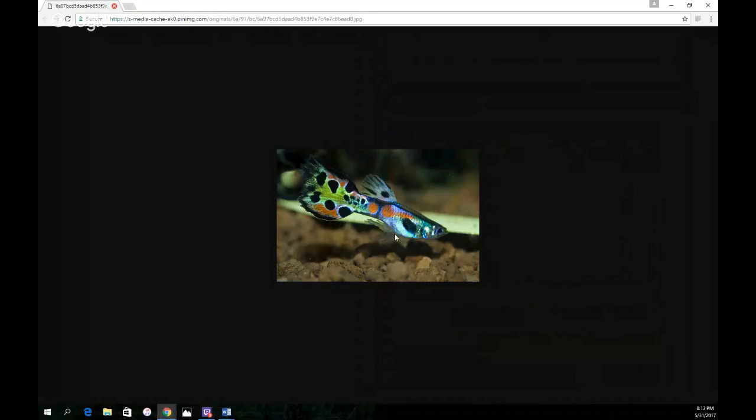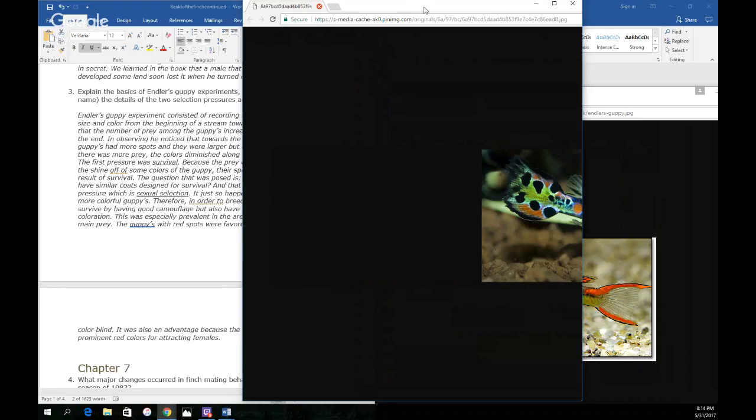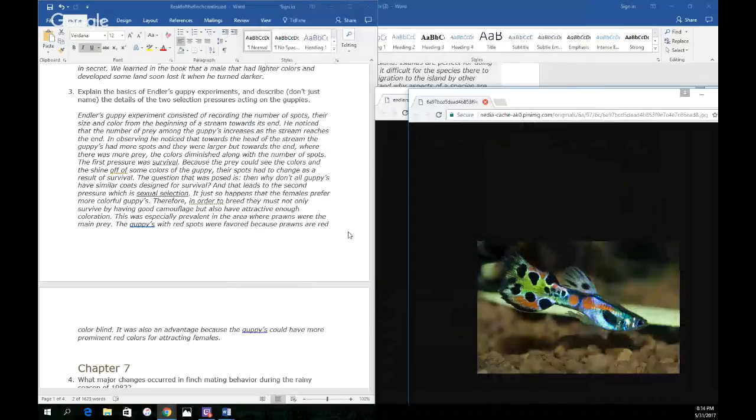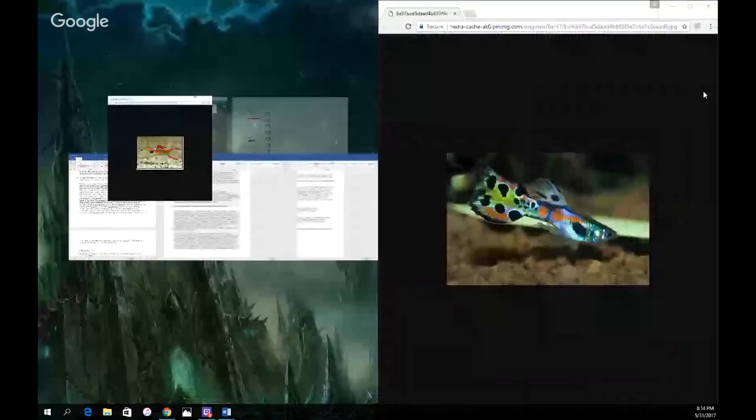There is a homogenizing effect of natural selection, but when it comes to sexual selection, it can counter this. That is why we see that the guppies retain some of their spots and their colors. That was Endler's experiment, and I think that's a pretty incredible observation to make.